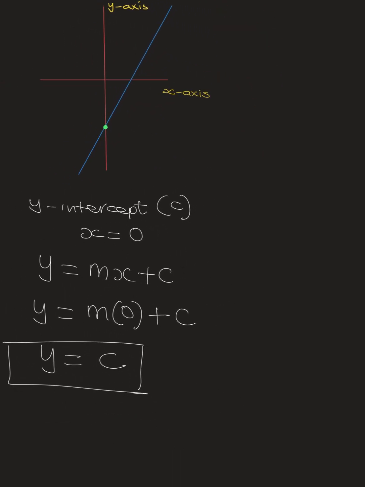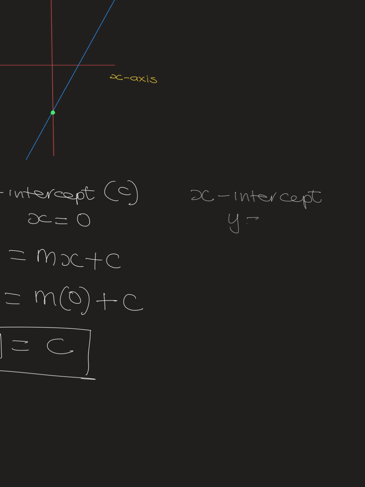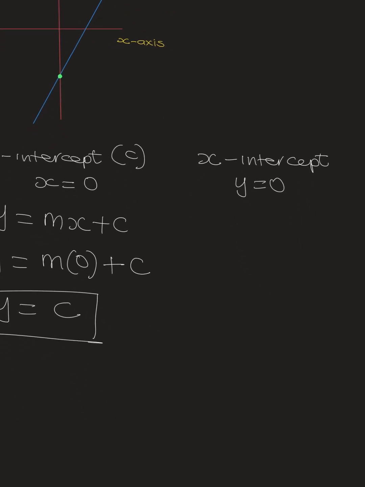But what if I want to find the x-intercept? For the x-intercept, y has to be equal to 0. Is that not so? This is the y-axis. So where is it 0? It is here. When it is 0, then you can find the x-intercept. So given the linear equation y is equal to mx plus c, if y is equal to 0, we're going to have 0 equals mx plus c.